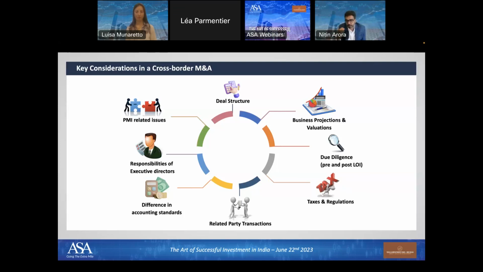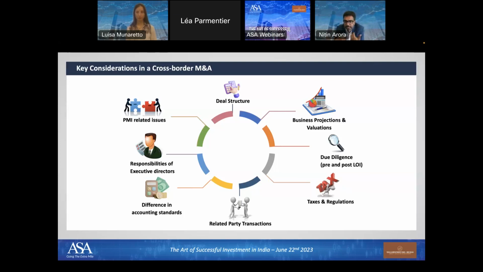Now, these are very important regulations which need to be thoroughly understood, because otherwise you would be standing on the wrong side of the law. So FEMA is one important, but more important are the tax-related matters. Ultimately, if you are going for a structure which is tax inefficient for the seller, eventually he will ask for more to compensate you for that tax inefficiency.